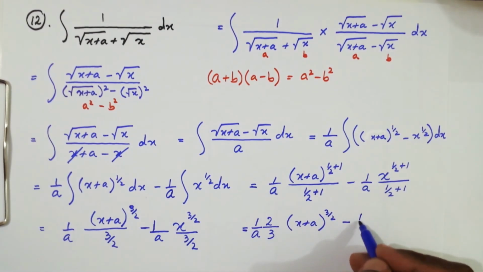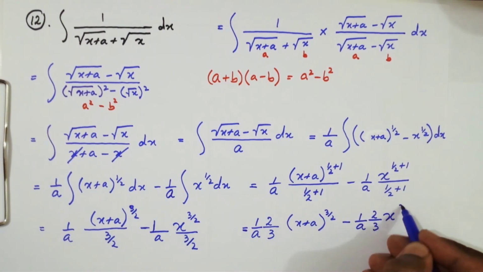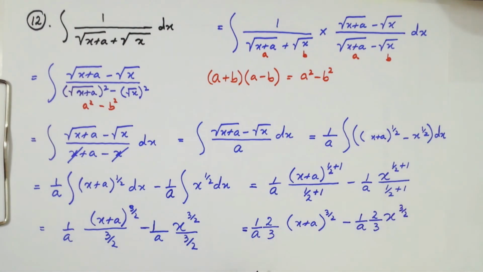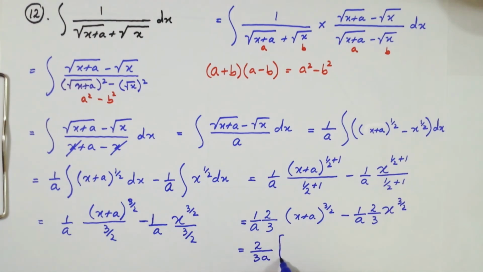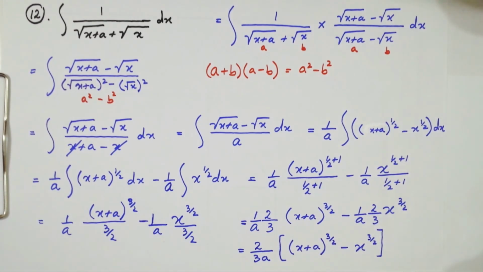Here 1 by a into 2 by 3 x raised to power 3 by 2. At the end, we can do one more step: we are going to take out common 2 by 3a from both terms. In the bracket, we have these terms. This is the final answer of the required question.